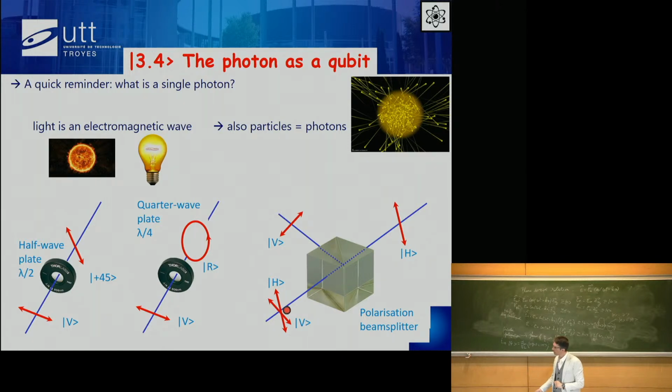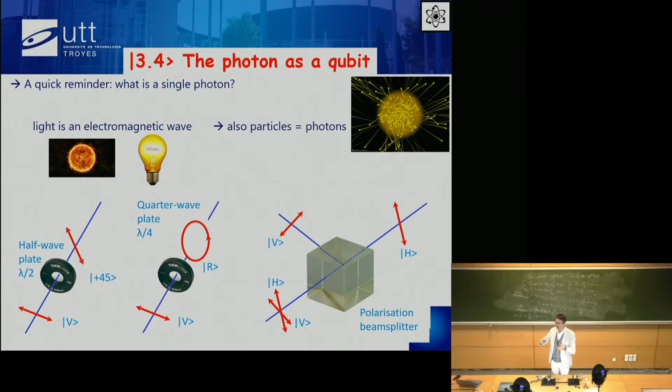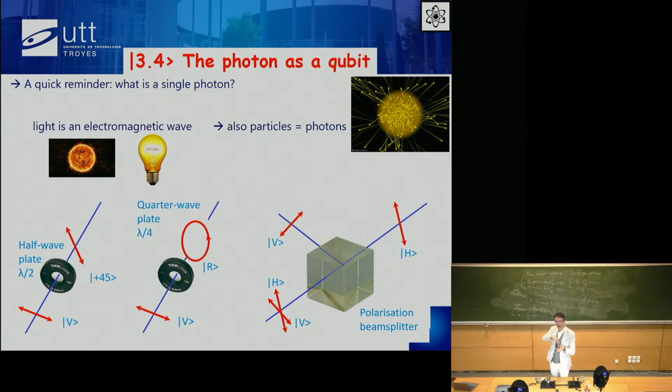And a polarizing beam splitter, it's a cube like this one, but in this case, it will not separate the light equally. It will separate the light by the polarization state, meaning that if the light comes in a certain polarization, it will be reflected. But if the light comes in with another polarization, it will go through.